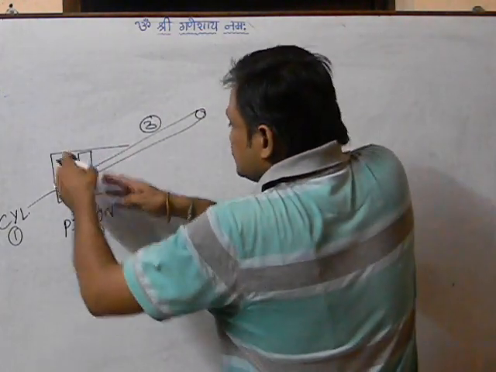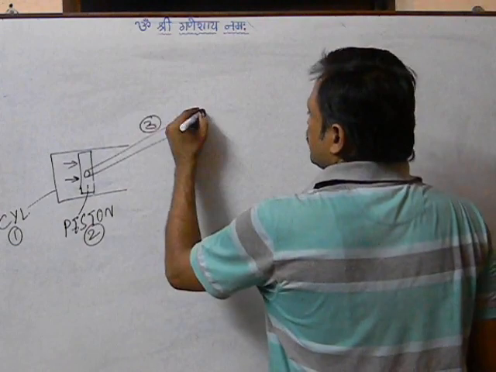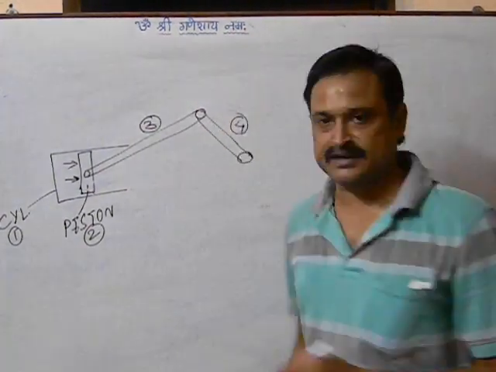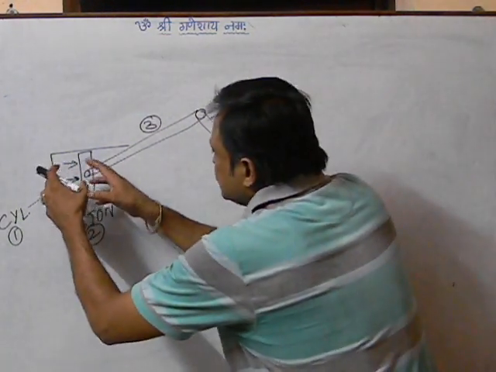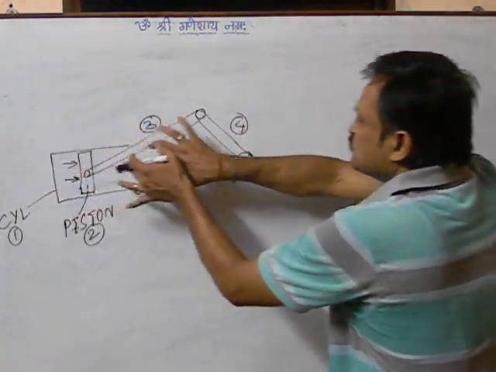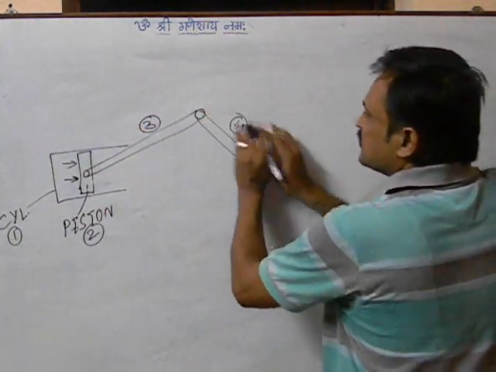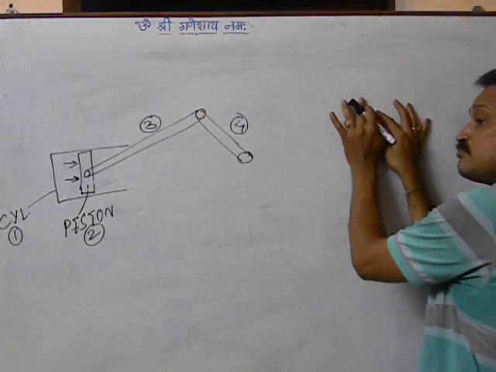So along with the piston, component 3 is also going to move. Then I join another component, component number 4, to it. If I look at this assembly now, the piston is going to move out and push component number 3. Component number 4 is connected to 3, so 4 is also going to get pushed.